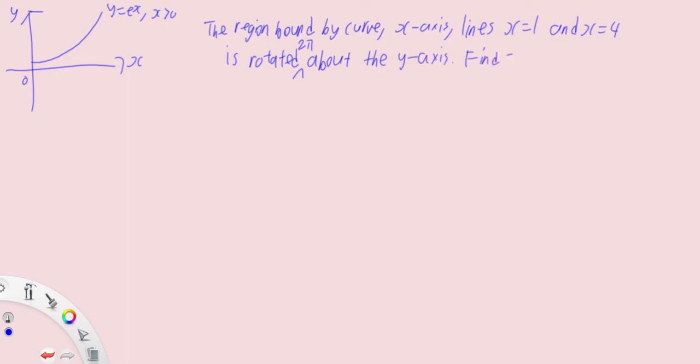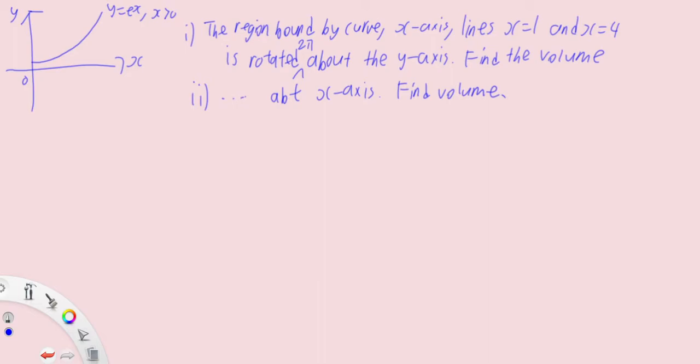Find the volume. Okay, so this is the first part. Second part is everything's the same, just that it is now about the x-axis. Find the volume. All right, fantastic.